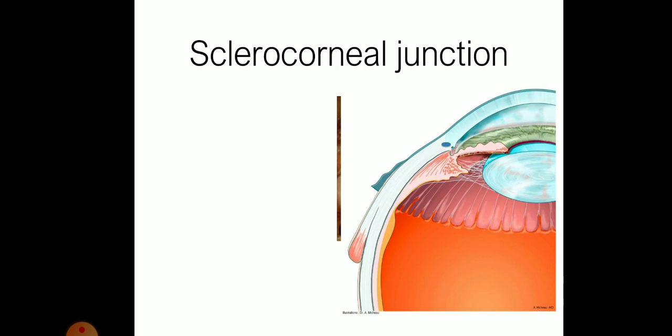And when you see this cross section, at the junction of the sclera and cornea there is a venous sinus, a small cavity lined by endothelium. This venous sinus is seen inside the sclera, so it is called the sinus venosus sclerae, and it is named after an anatomist. It is also called the canal of Schlemm.